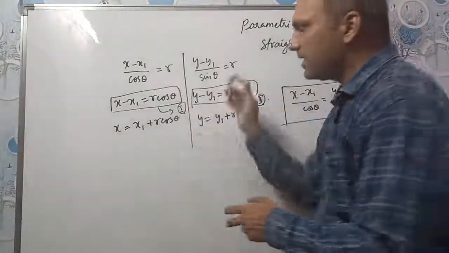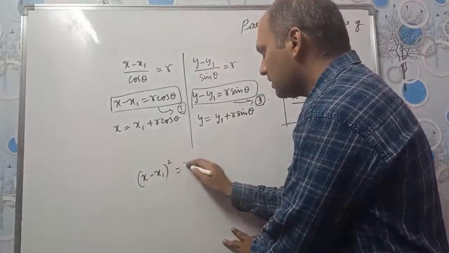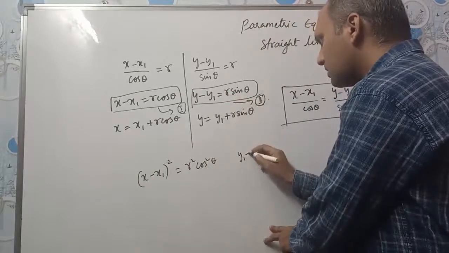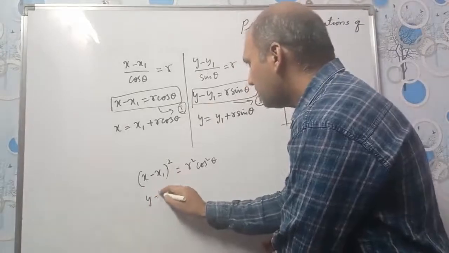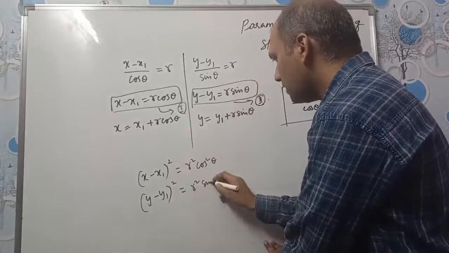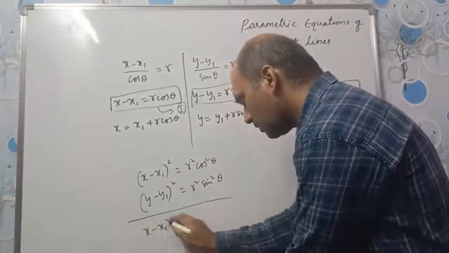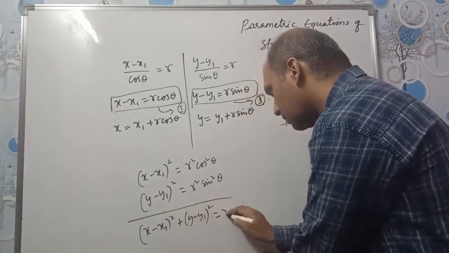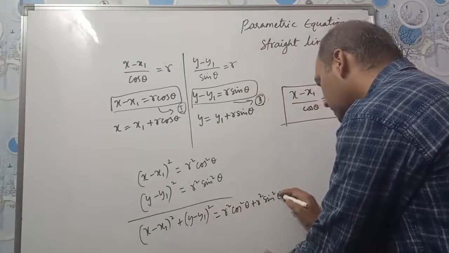Let us square both sides and add. First one, squaring on both sides, x minus x1 whole square is equal to r square cos square theta. Second one, y minus y1 whole square is equal to r square sin square theta. If you add these, x minus x1 whole square plus y minus y1 whole square is equal to r square cos square theta plus r square sin square theta.